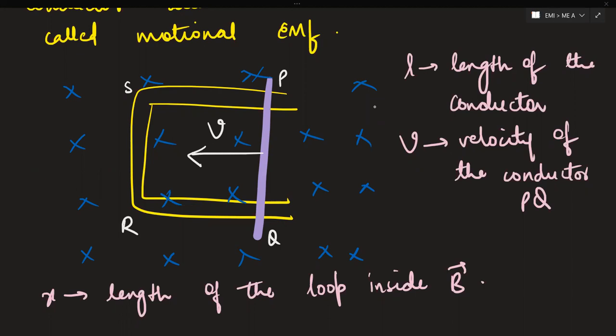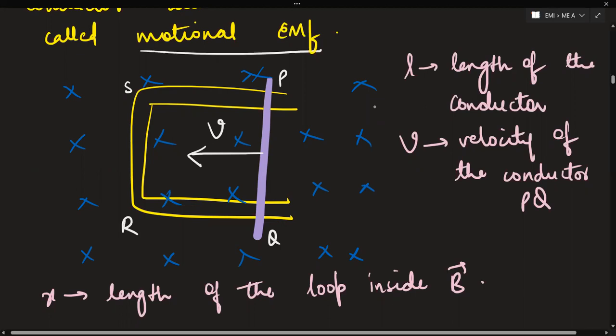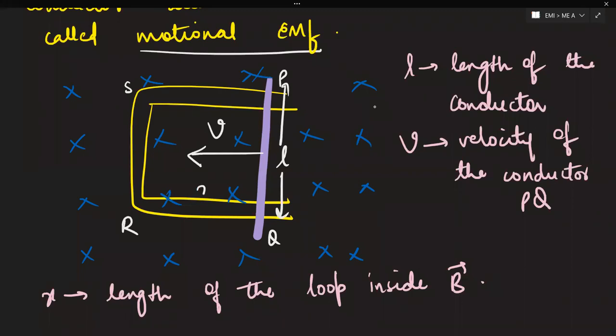Induced EMF was simply an EMF that was present because of change in magnetic flux. And when the magnetic field is constantly changing or the conductor is in motion, you say the EMF is motional EMF.